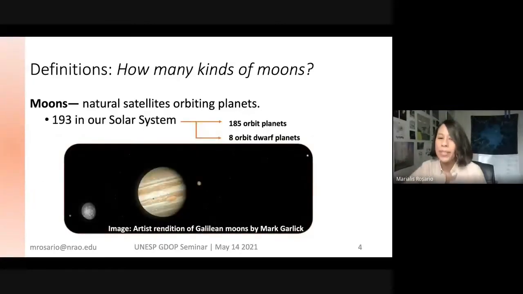So far, with moons within our solar system, we have 193, where 185 orbit planets and 8 orbit dwarf planets. We only have 2 planets in our solar system that do not host natural satellites. So we can make a fair assumption that moons are quite common.